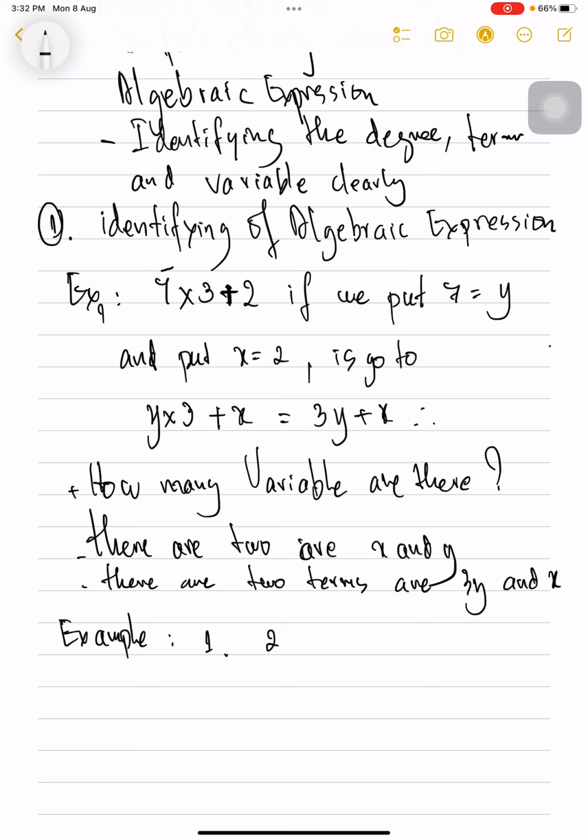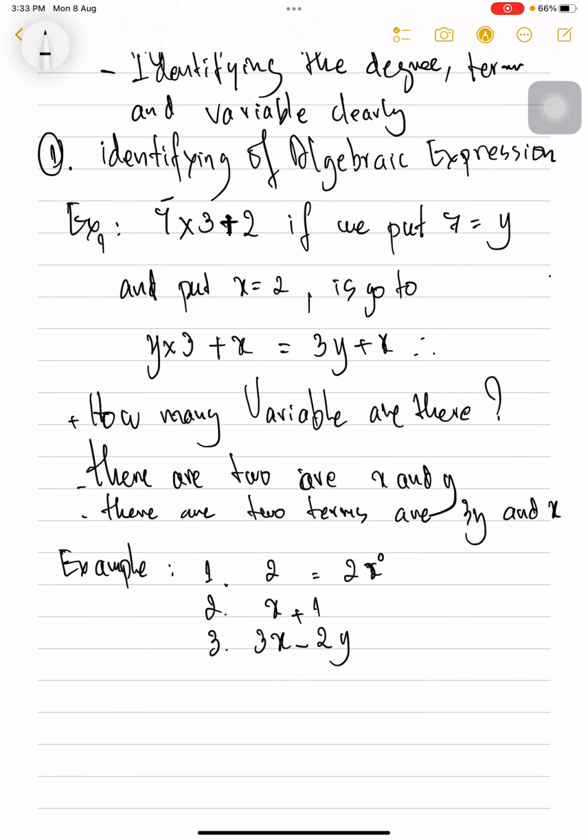Number 2 is also an algebraic expression that we can write as 2 times x power 0, x plus 1. Number 3 is 3x minus 2y. This is more about the algebraic expression.